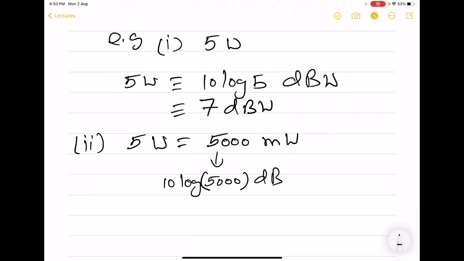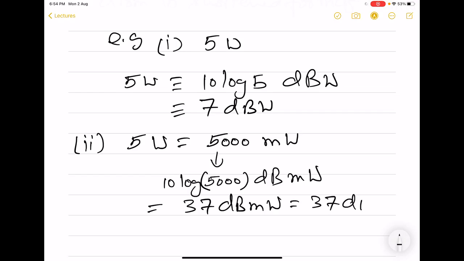So this becomes dB, and since unit is milliwatt, we retain this unit milliwatt here, and this becomes 37 dBmW, or in short 37 dBm. So this is the final value of 5 watt in dBm scale.